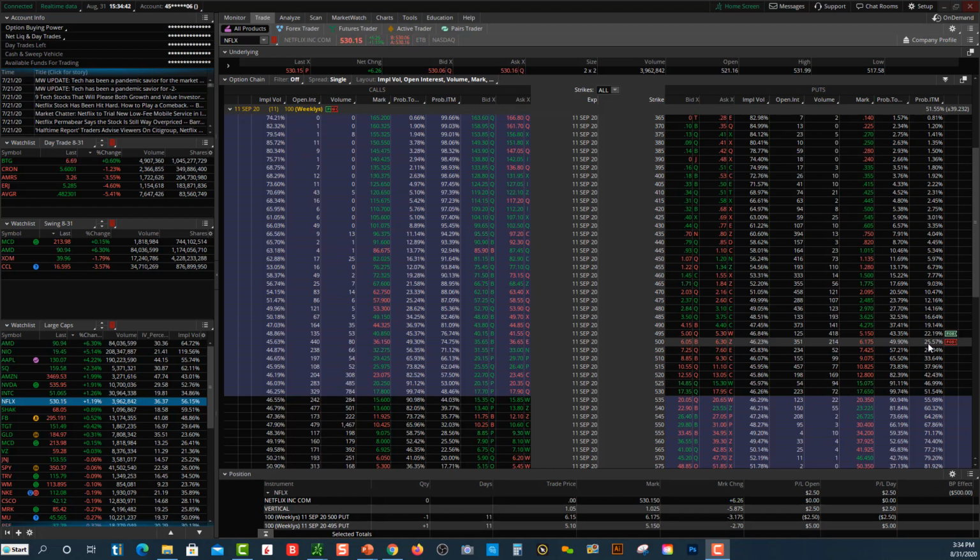Now, something to be very aware of is the probability of touch. If you look over here, on this credit spread I have a 75% chance that this is going to expire out of the money by expiration. But there's almost a 50% chance, a 49 point something percent chance, that at some point Netflix will come down and touch $500 before this expiration date.